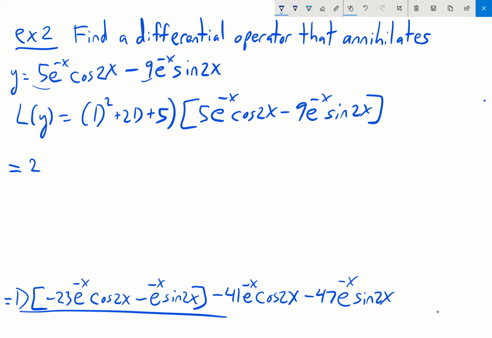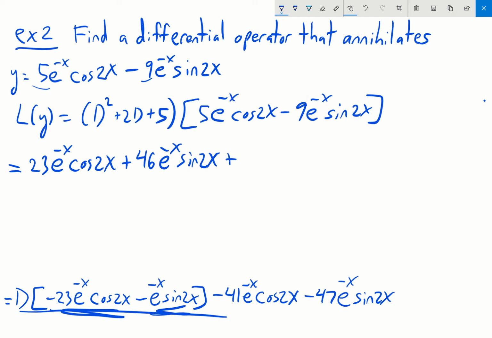We're going to get 23 e to the negative x cosine of 2x, and then a plus 46 e to the negative x sine of 2x. That's using the product rule in this first term. Now we need to differentiate this term.